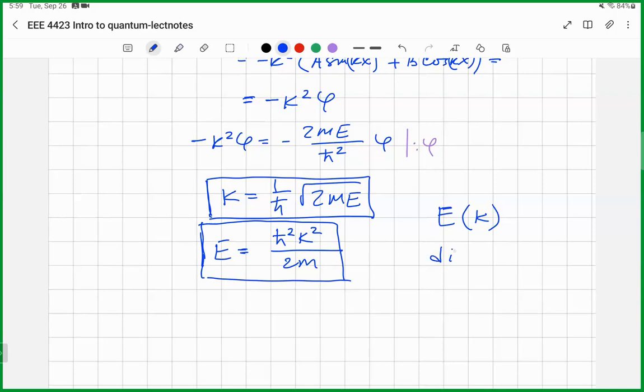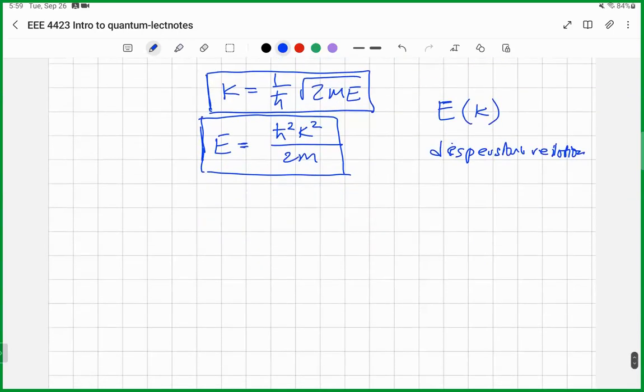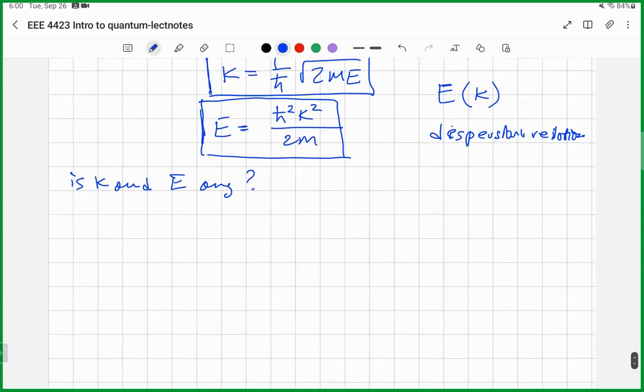So it's called the dispersion relation. Anytime the energy depends on k, it is a dispersion relation. Anyway, so let us define now, is k and energy any number or not? Okay. So how do we do so?